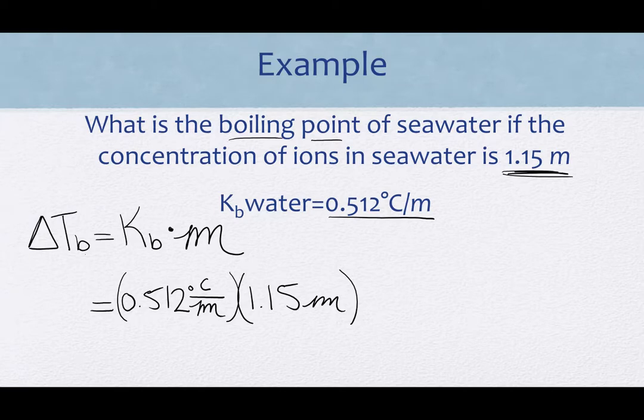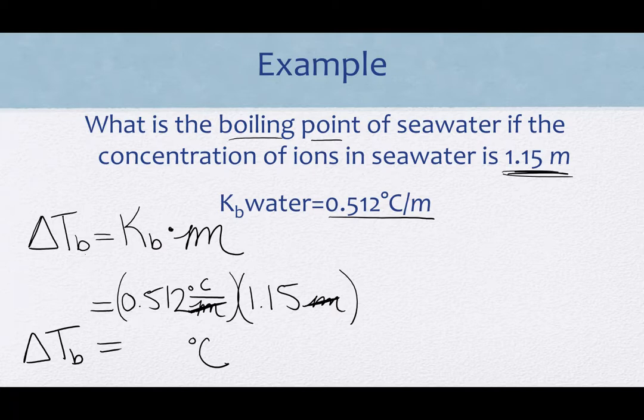And what we see here is we got molality on the top, molality on the bottom. So the units of molality cancel. We're left with degrees Celsius, which is helpful because we're solving for a temperature change, right? So that's how that unit helps us out.